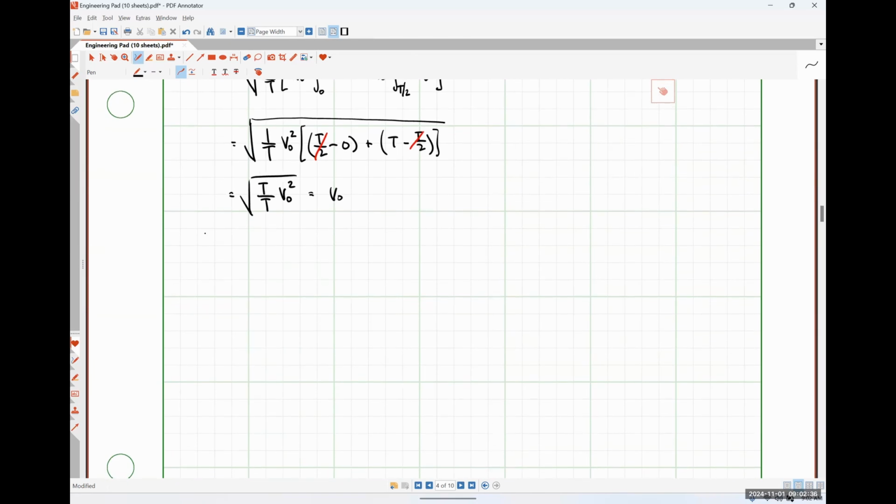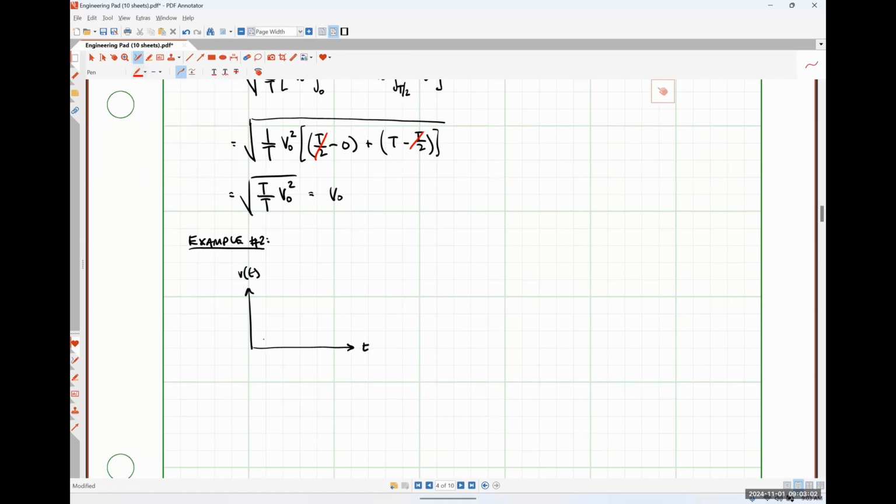Let's look at a different one. So this isn't something that we've used in this class yet, but it is something that is used fairly regularly in electrical engineering. And this is what's called a triangular wave or a sawtooth wave. So we have some voltage waveform V of t like so.